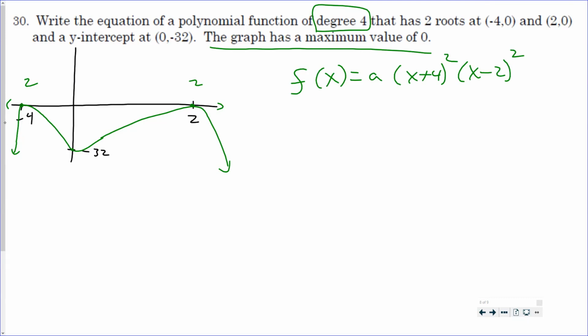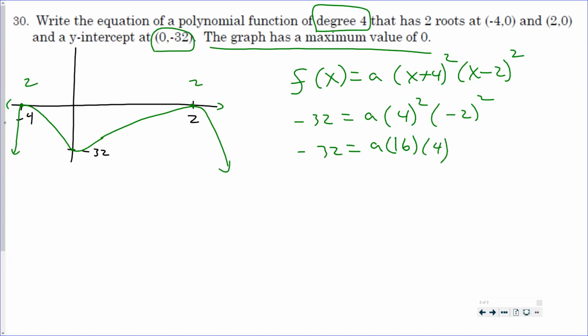Are we okay? All right, and then I need to figure out what my leading coefficient is going to be. And I can get that by plugging in the point they gave me of (0, -32). So I have -32 equals a times (0 plus 4) squared, which is 4 squared, times (0 minus 2) squared, which is negative 2 squared. So -32 is a times 16 times 4. I can divide the 16 over to get -2 is 4a, or that a is negative 1 half.